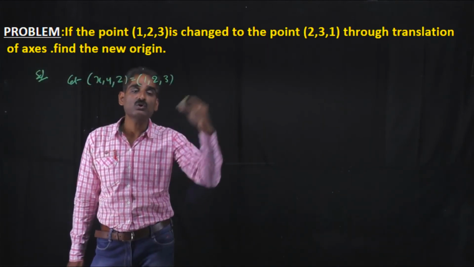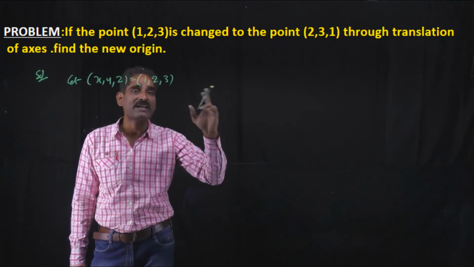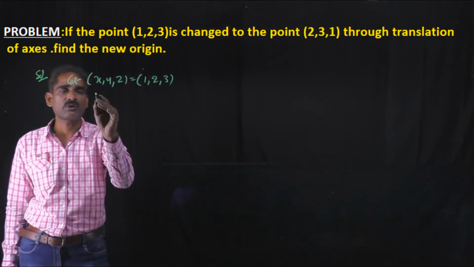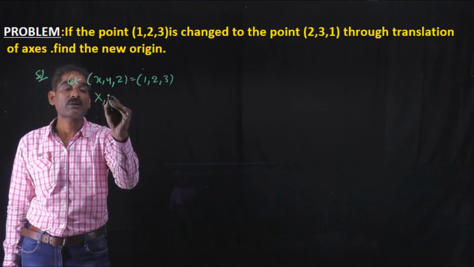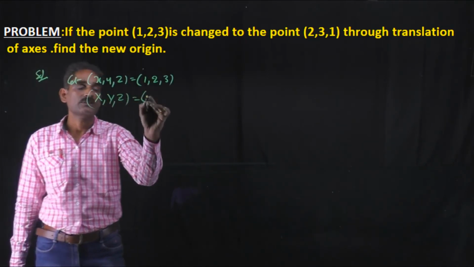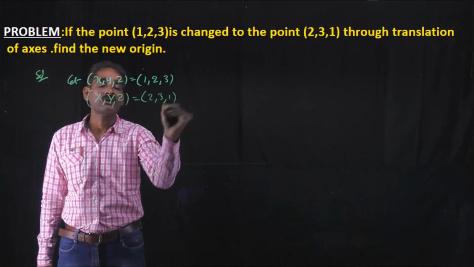This is changed to the point 2, 3, 1, which means these are the coordinates of the point with respect to the new system. Let the coordinates with respect to the new system be capital X, capital Y, capital Z. It is equal to 2, 3, 1.